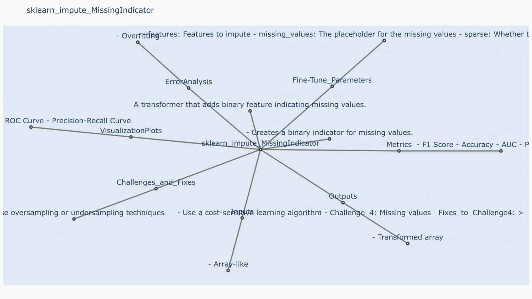Challenge 2: interpreting results. Sample use case that resulted in challenge 2: the missing value indicator only identifies the presence of missing values, it does not provide information about the reason for the missing data. Fixes to challenge 2: consider using domain knowledge to understand the reasons behind missing data and use appropriate imputation techniques.